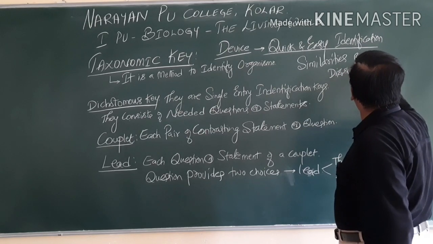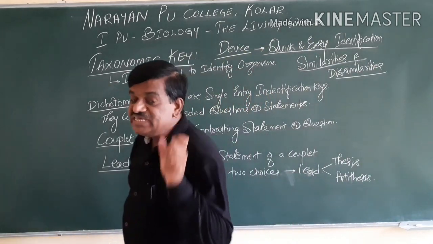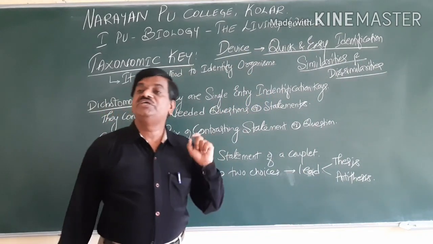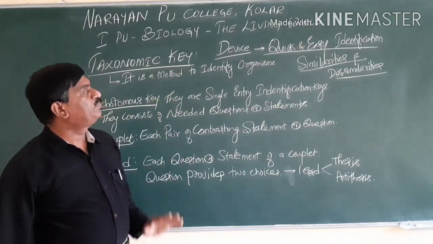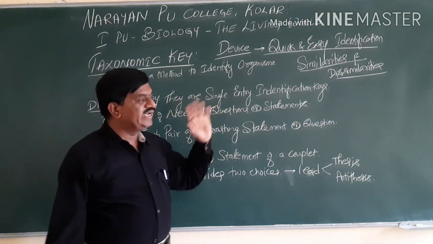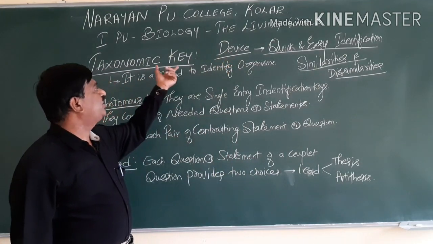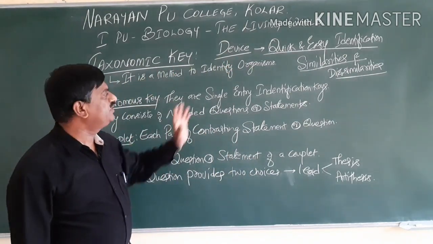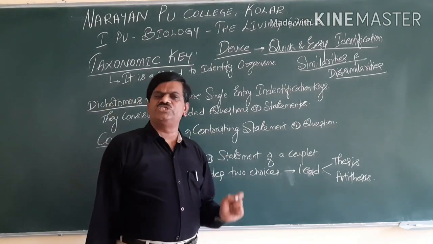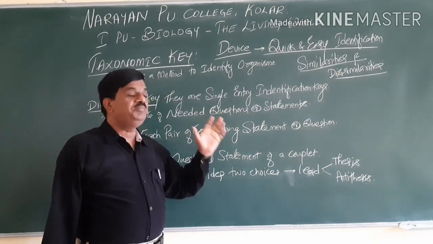Based on similarities and dissimilarities, we are going to prepare a key card. By seeing this key card, we can easily identify which plants belong to which kingdom or families, caste. For example, we know that there are thousands of varieties of plants, and all that cannot be remembered.